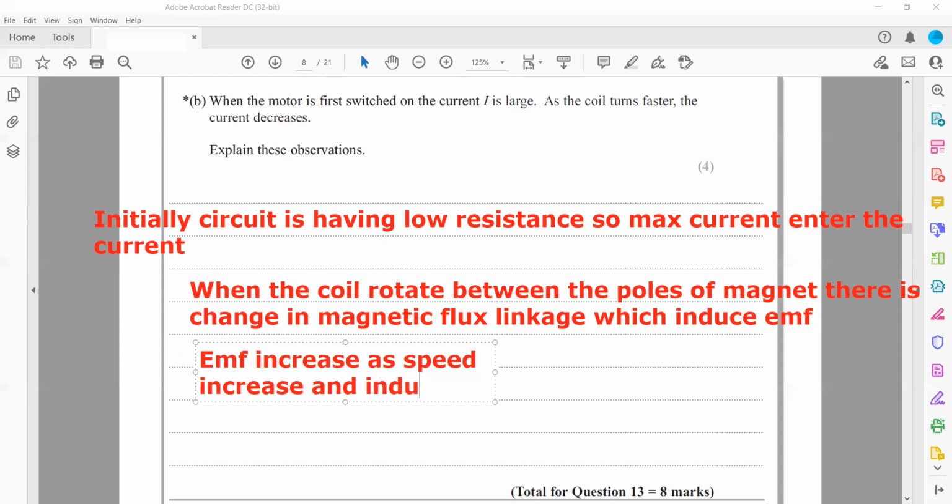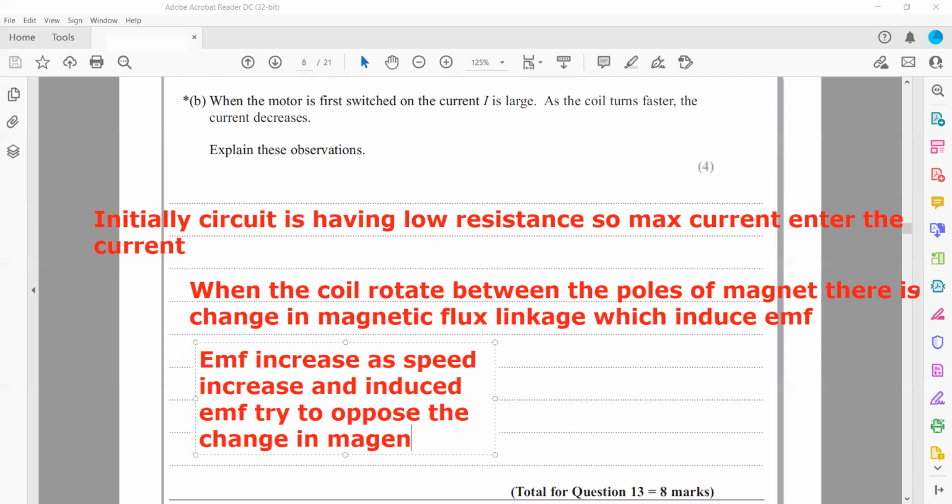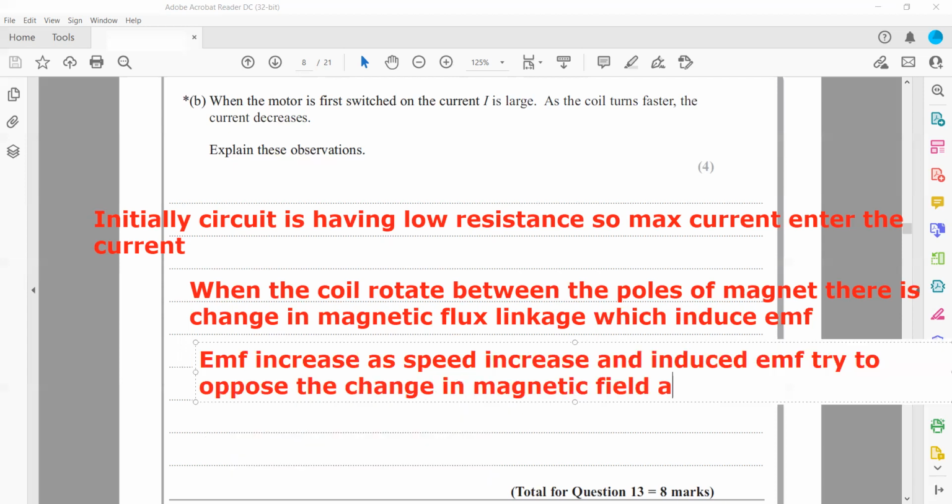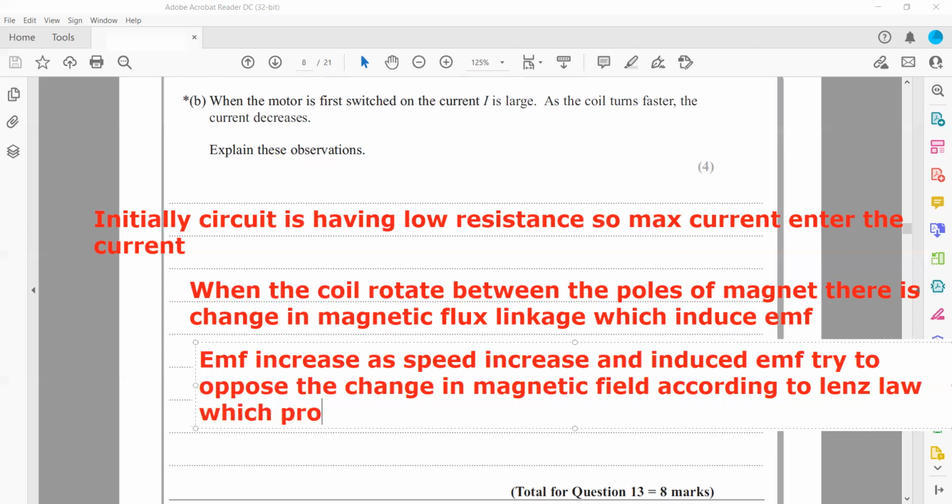And the induced EMF tries to oppose the change in magnetic field according to Lenz's law, which produces current in the opposite direction.